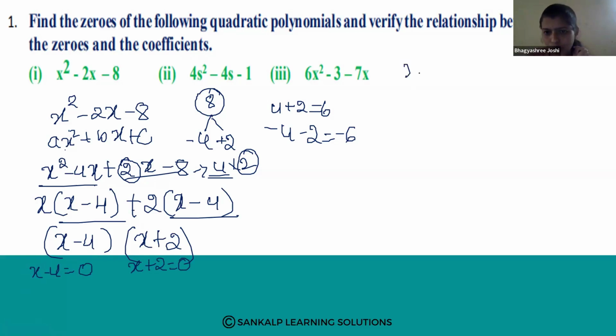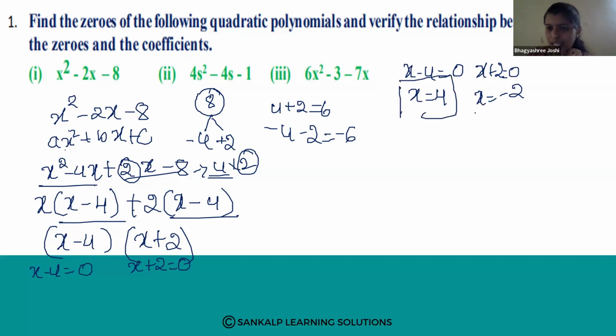Minus 4, transfer this minus 4 to this side. It becomes x is equal to 4. Transfer this plus 2 to this side. It becomes minus 2, right? So now I got two zeros. One is x is equal to 4. Another one is x is equal to minus 2.